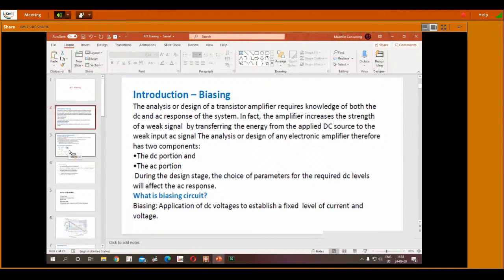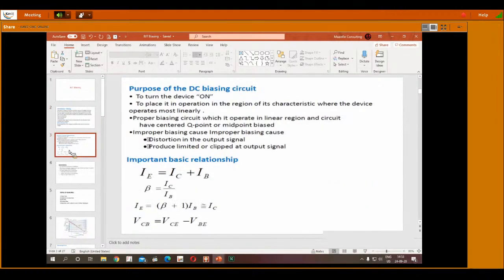Now, in order to analyze the DC and AC characteristics, first we have to turn the transistor into the on state. To turn on the transistor, there are two techniques we follow. One is that the base to emitter junction and the collector to base junction, the input junction and output junction of the transistor, must both be forward biased.